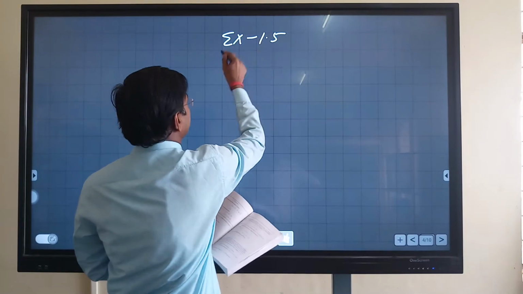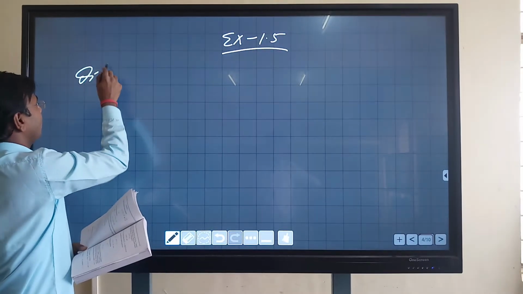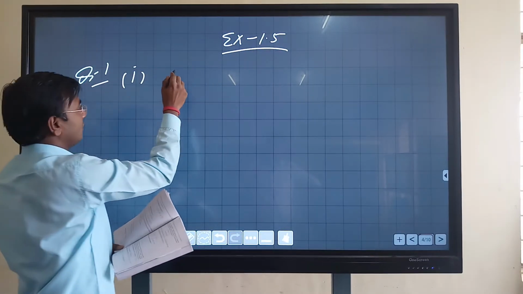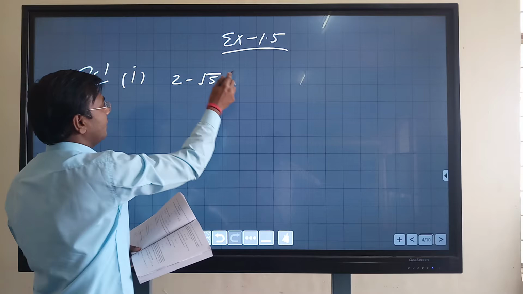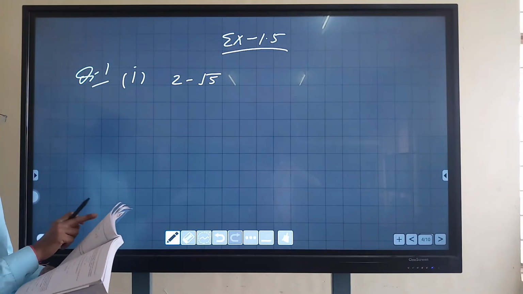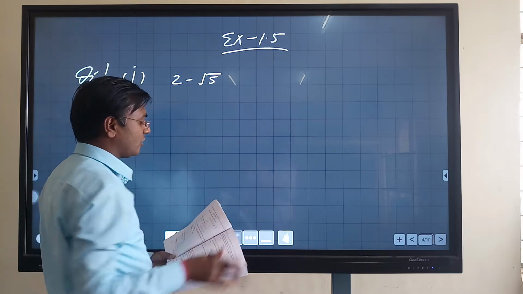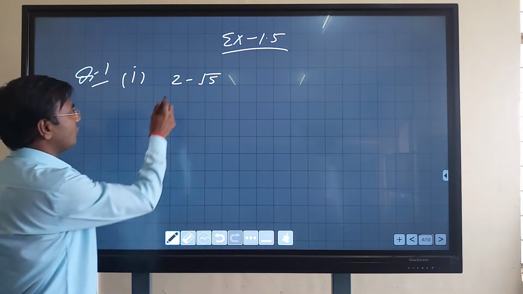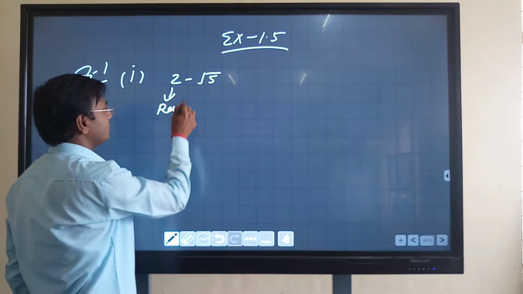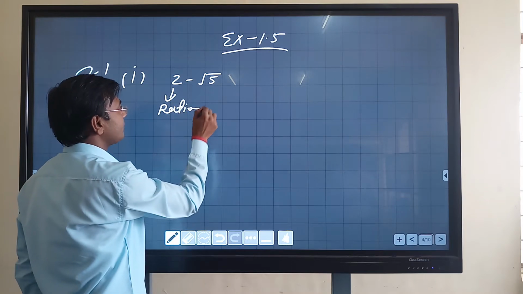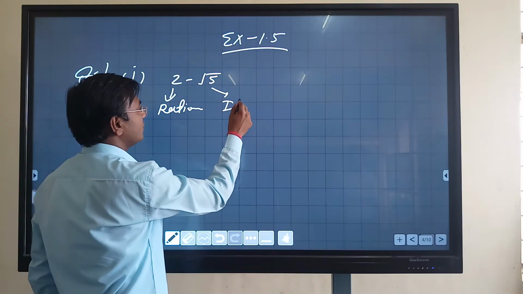Exercise 1.5, question number first. If you have learnt, apply here and test yourself. Classify the following numbers as rational and irrational. So you have to write whether this is rational or irrational. First of all, this 2 is what? Rational, and this under root 5 is what? Irrational.